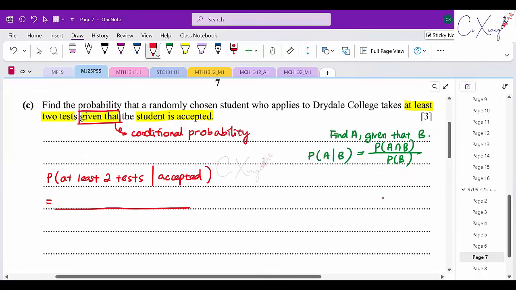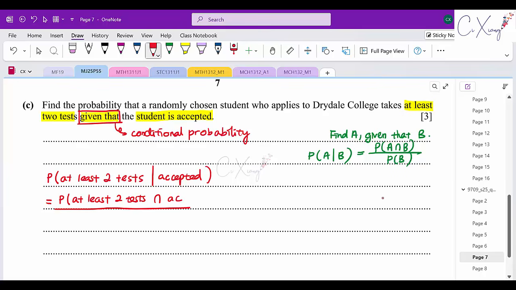The numerator will be A intersect with B. In the context of the question, we have sitting for at least 2 tests, given that eventually the result is accepted. Then divided by the probability of accepted. So according to the definition of conditional probability, this is the formula that we have.